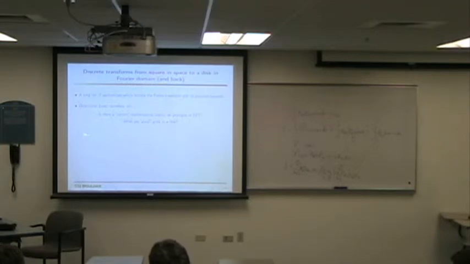Now let's switch to something that is more related to inverse problems. So we want to construct transforms from a square in space to a disk in Fourier space and back. So I'm talking about Fourier transforms. You typically go from a box; FFT or DFT gives you a transform from the box to the box in Fourier space and back, right?